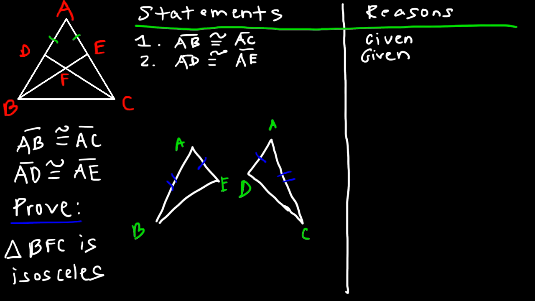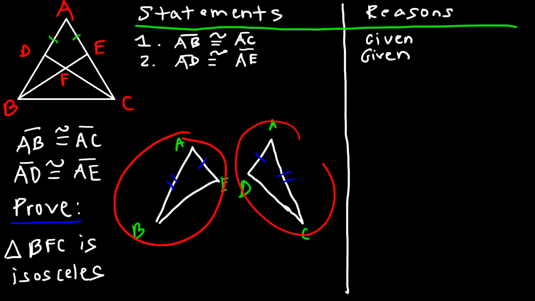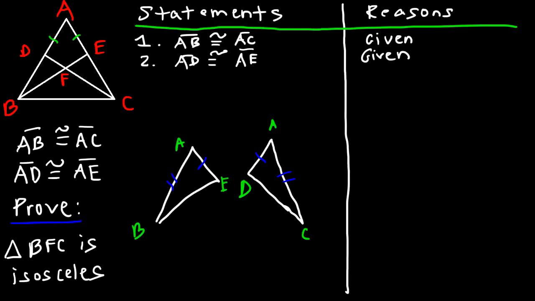Now, is there something else that we can come up with to prove that these two triangles are congruent? What else do we know? Because we're only given these two statements. Now notice that these two triangles share a common angle.